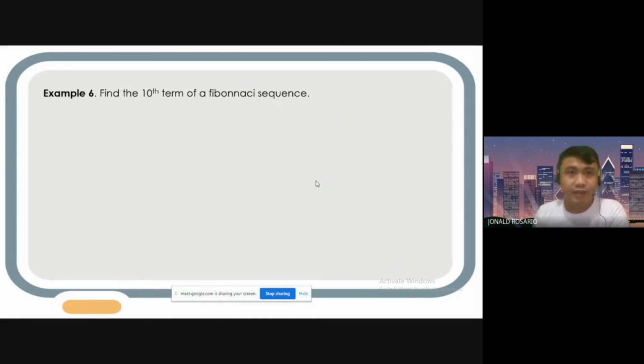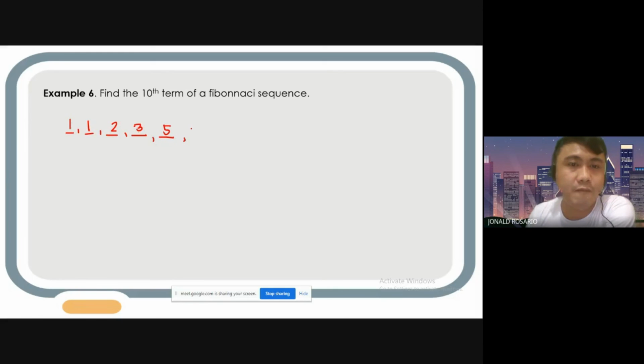Yan. So find the 10th term of a Fibonacci sequence. 10th term. So again, 1 ang una, tsaka 1 din ang pangalawa. So para makuha yung pangatlo, 1 plus 1 is 2. Para makuha yung pang-apat, 1 plus 2 is 3. Para makuha yung pang-lima, 2 plus 3 is 5.